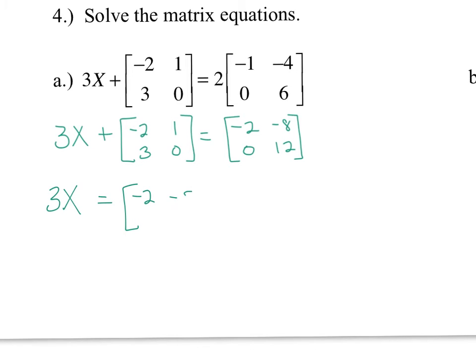The matrix on the right will stay negative 2, negative 8, 0, and 12. But I'm going to subtract the matrix that I just talked about on the left.